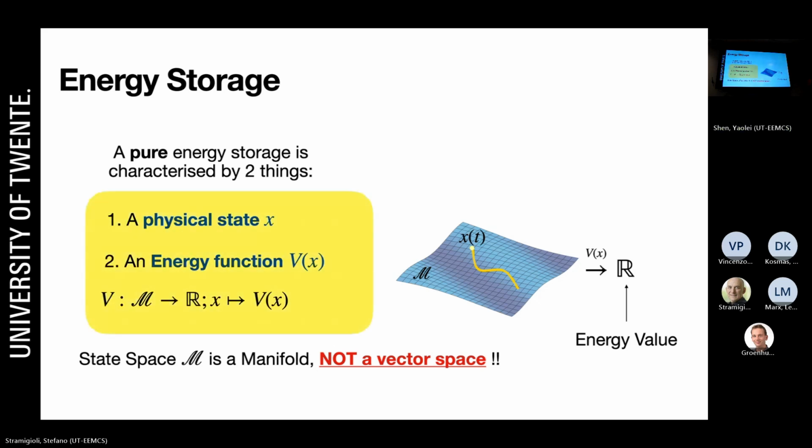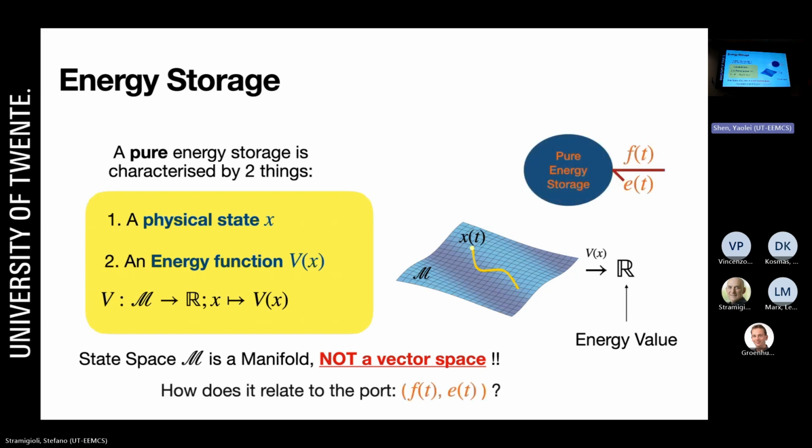Now, this is what an energy storage is. And now we want to try to couple this concept to our bonds. How do we do that? We want this block to be pure energy storage. So we want to write the equation in a way that if I take the pairing of these two, because we know that the efforts are covectors with respect to the flow, it's power.